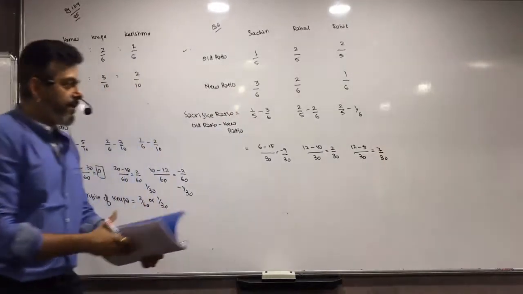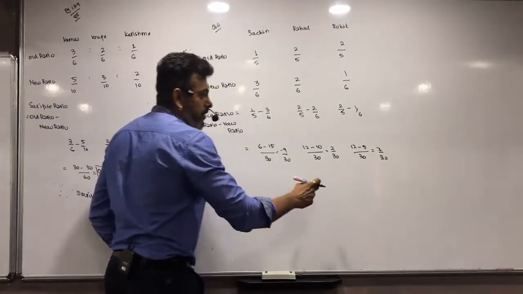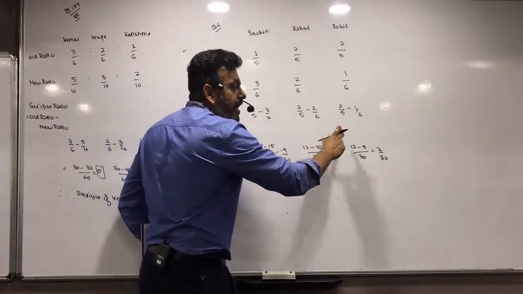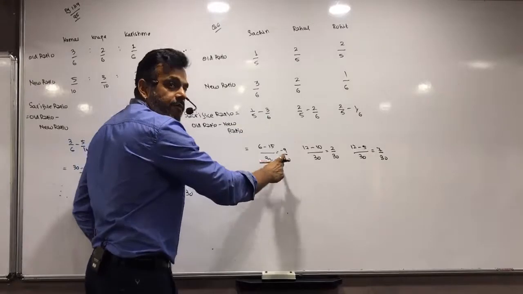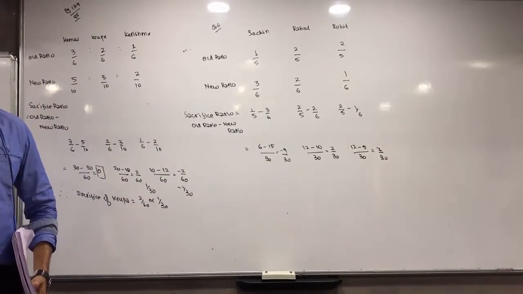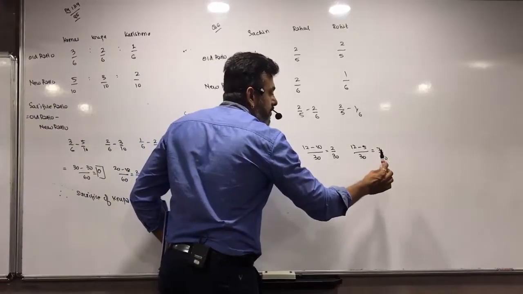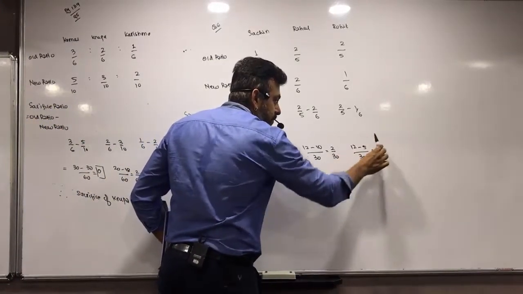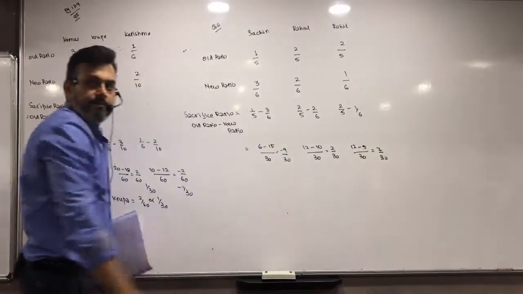So who is sacrificing? Rahul and Rohit. If you will see over here, Rahul sacrifice plus Rohit sacrifice is equal to gain of Sachin. Isn't it? Dhyan dena please. Sacrifice of Rahul plus sacrifice of Rohit, so 2 by 30 plus 7 by 30 is gain of Sachin.